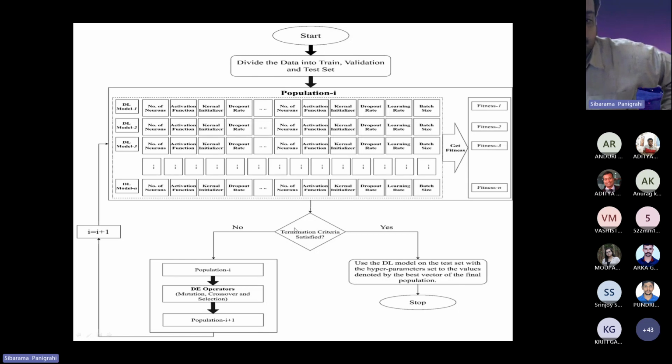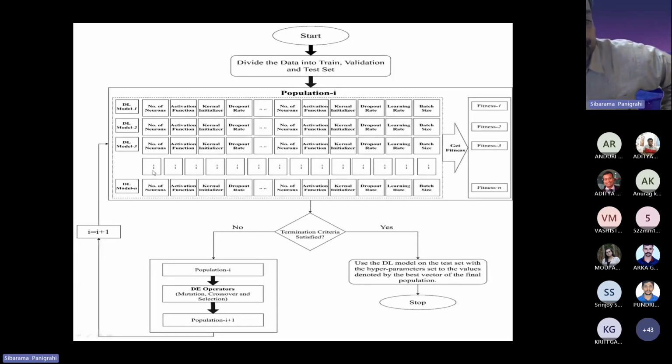Then we test whether the termination criteria is satisfied or not. If it is not satisfied, we generate the next generation, or next population, by using differential evolution mutation, crossover and selection schemes.